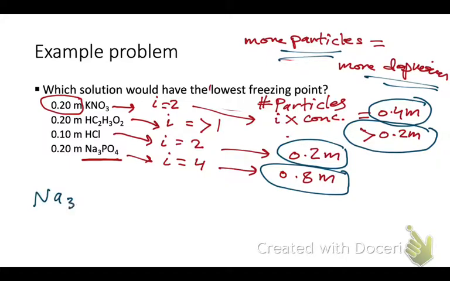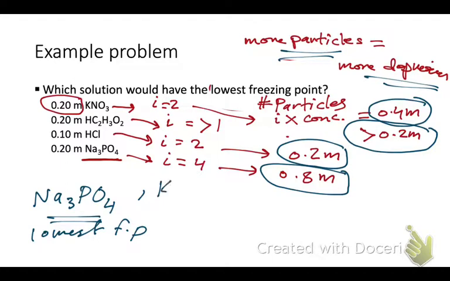Sodium phosphate will have the lowest freezing point, followed by, I'm ordering them from the lowest freezing point to the highest freezing point, potassium nitrate solution, followed by acetic acid solution, followed by hydrochloric acid solution. Okay?